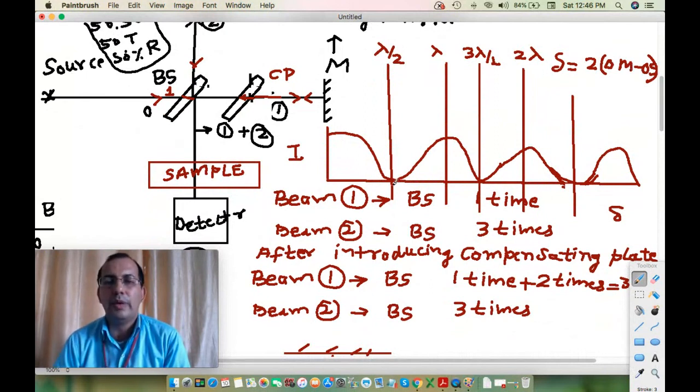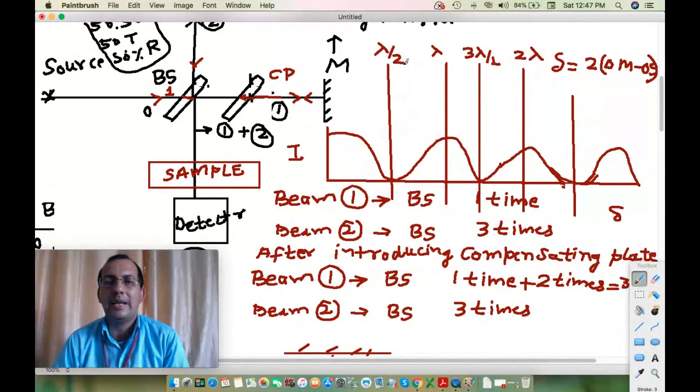At lambda by 2, you would have the destructive interference, and at lambda, you would have constructive interference. Here again at 3 lambda by 2, you would have destructive interference. Where the intensity is minimum, you would have destructive interference. Where the intensity is maximum, you would have constructive interference.